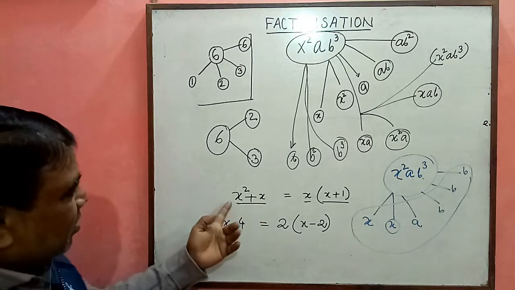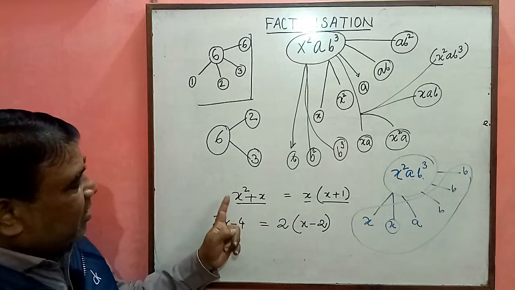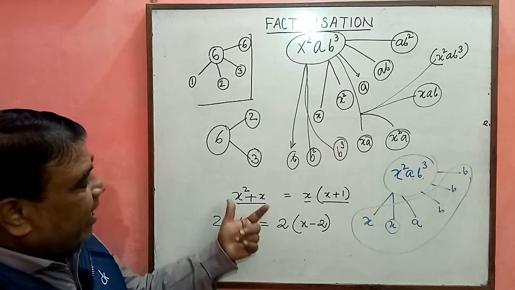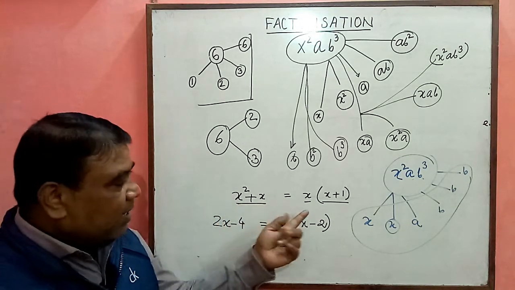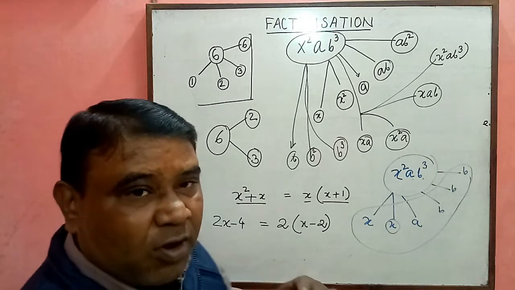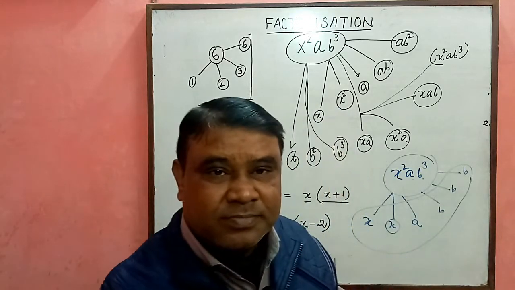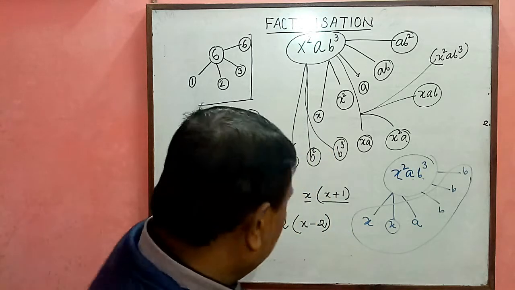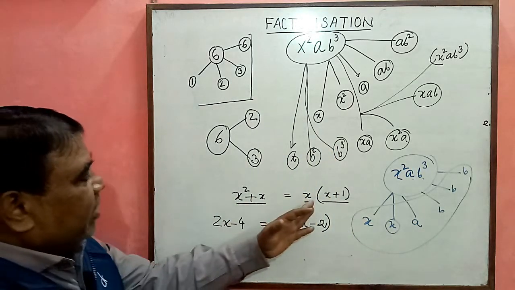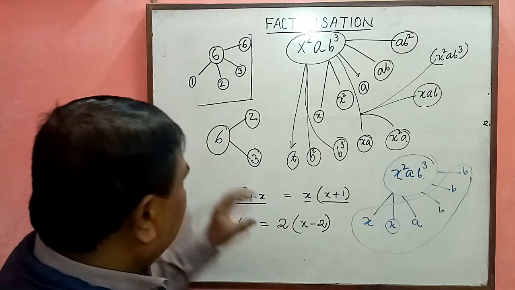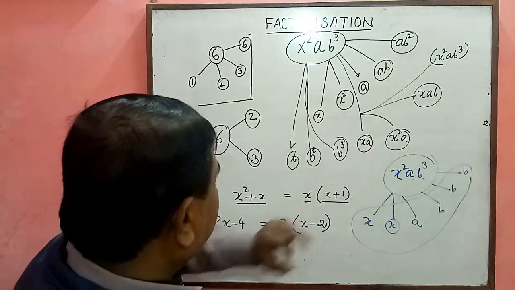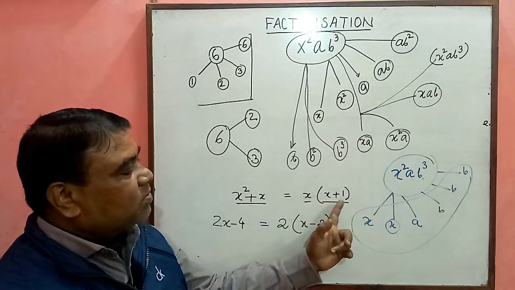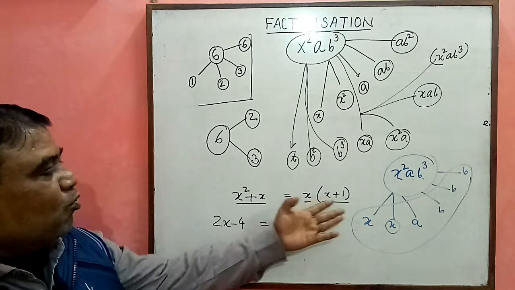Can you see x square plus x, here x into x plus x, so x is common. That means to take common out for the formation of a bracket is our main motto for the factorization. Here, if I take x common, so this is x square divided by x is x, and x divided by x is 1. So this is x into x plus 1. These are the two factors.